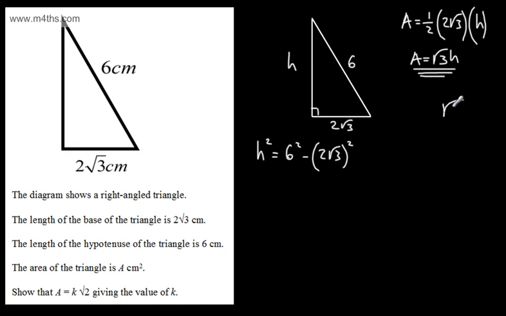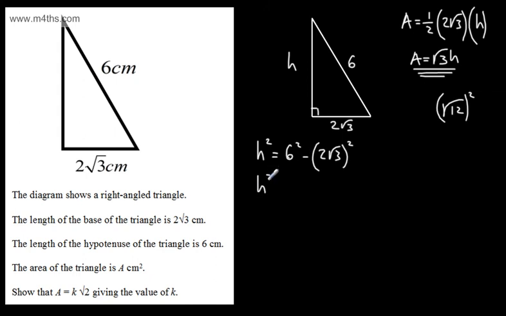I could actually write that as the root of 12 squared. We know that root a multiplied by root a is going to give us a, so the square root of 12 squared is 12. So you can either square that one 4, square that one 3, and multiply them, or you can see it like so.